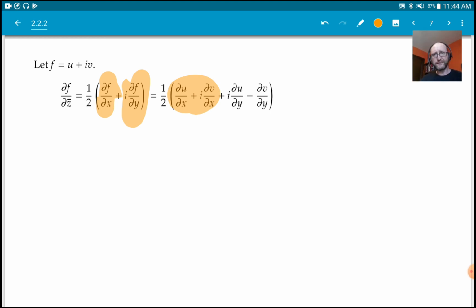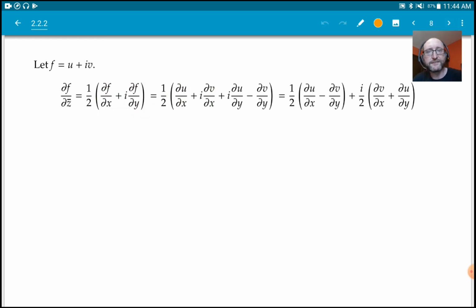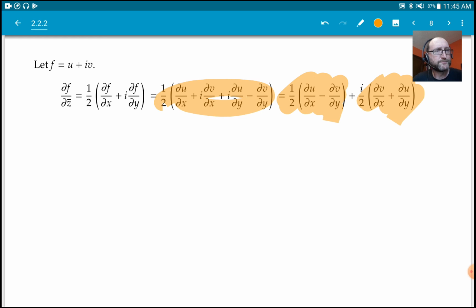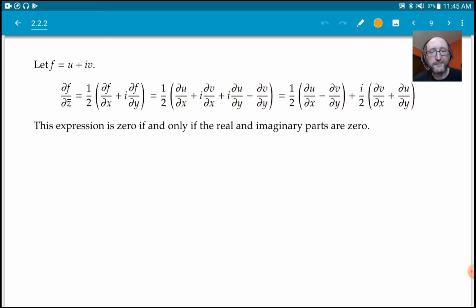So I apply the x derivative to u plus i times the x derivative applied to v, and the same thing with the y, right? So I get this expression, and I write it in terms of the real and imaginary part, right? So far, that's just how you would apply the operators, right?